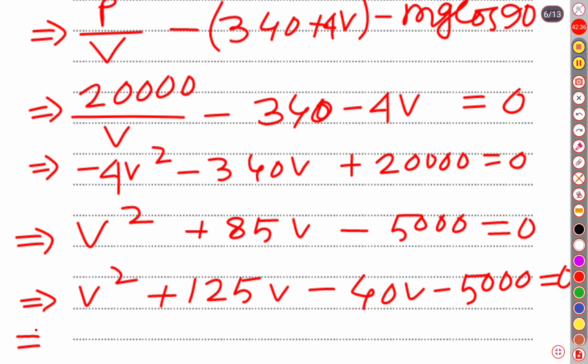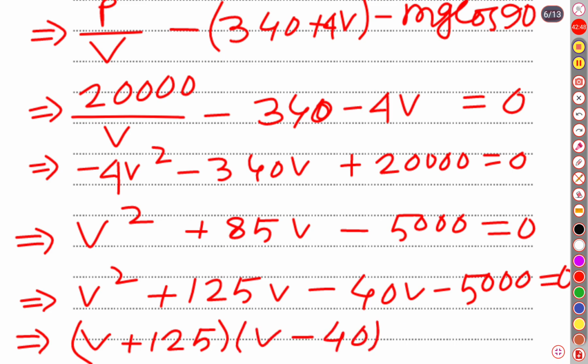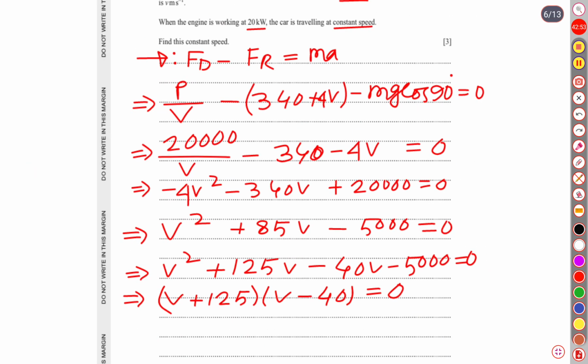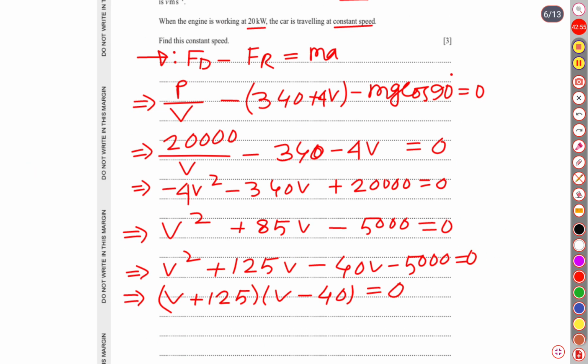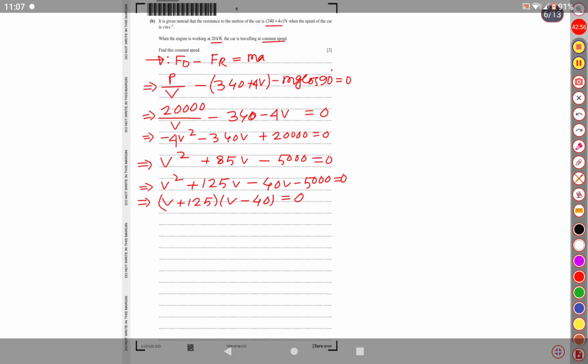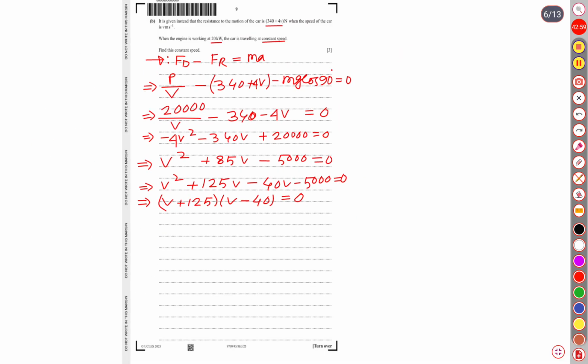If we resolve it into factors, it is going to be v plus 125, and the other factor is going to be v minus 40 equal to 0. We cannot accept the first factor because our velocity is speed here. Speed can never be negative. Hence, our velocity is v equal to 40 meter per second.